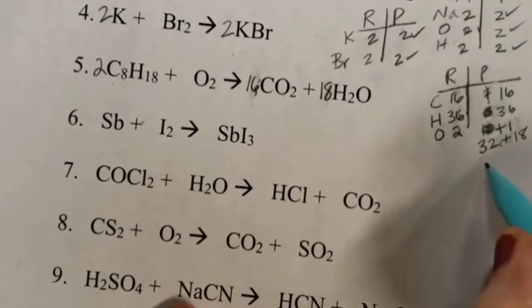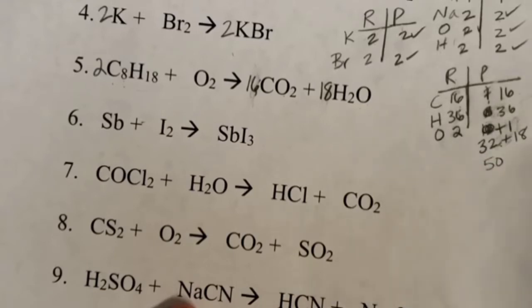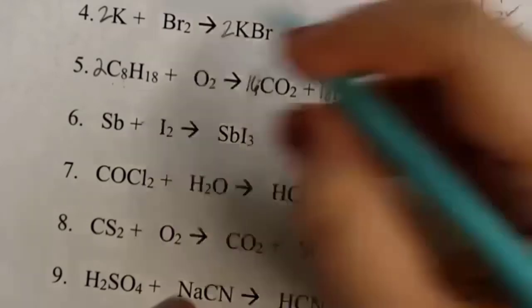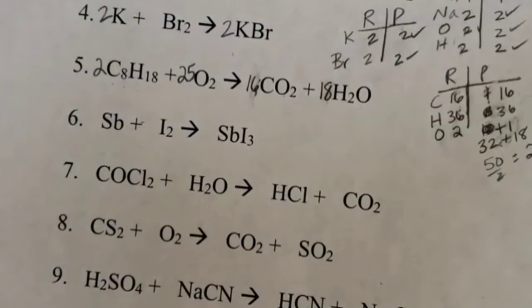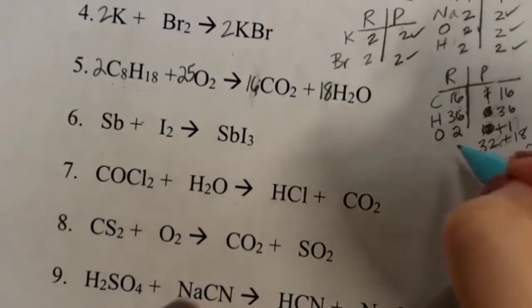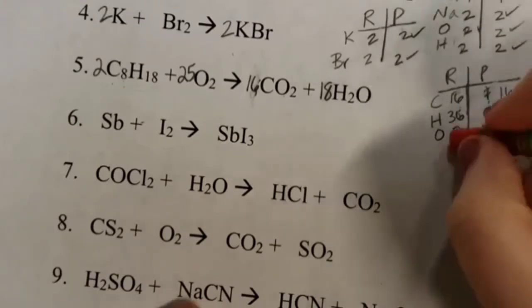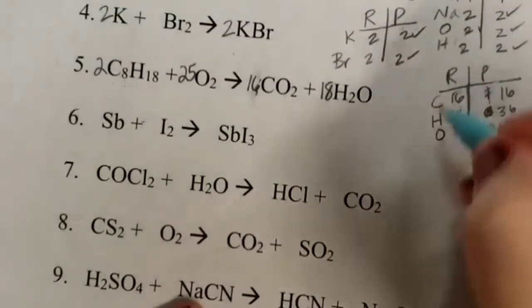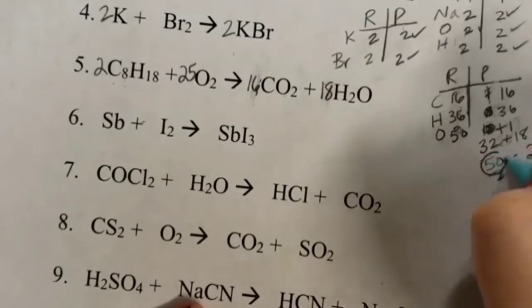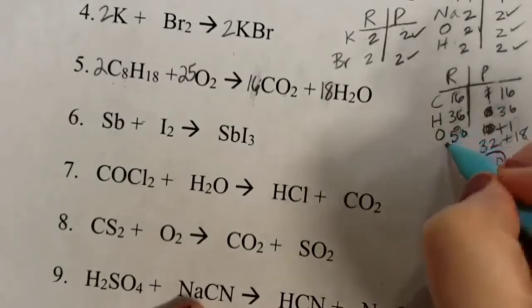Oh, look. So this is 50, which is divisible by 2, is 25. So that makes this 50. This side is 50. 32 plus 18, 50.